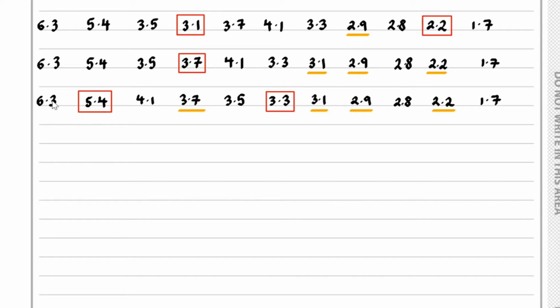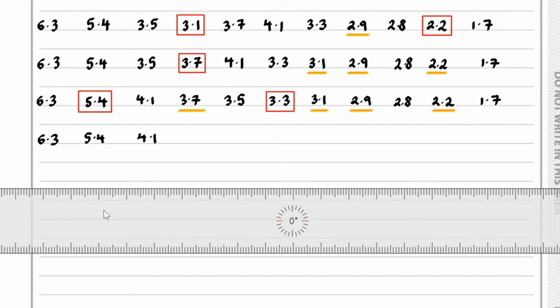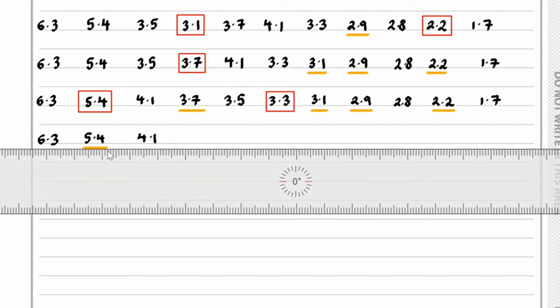We compare the 6.3 with 5.4. 6.3 is larger. 4.1 is smaller. So the 5.4 will stay here, and the 4.1 will stay here. We underline the 5.4 indicating we've used it as a pivot.